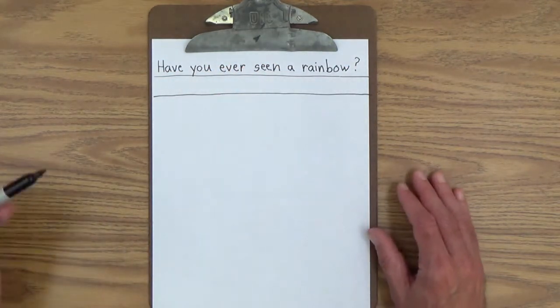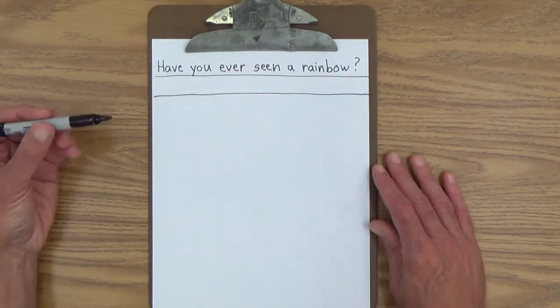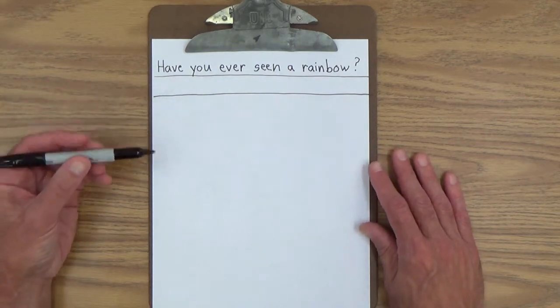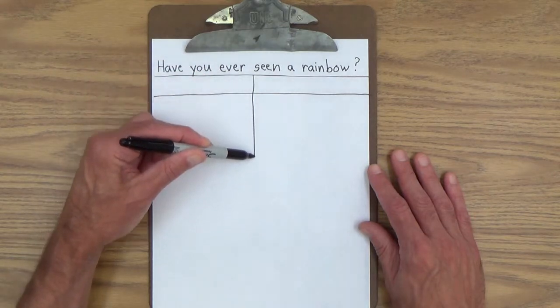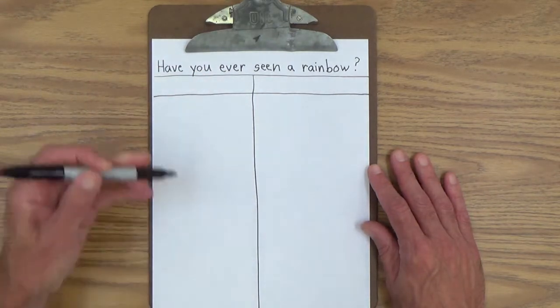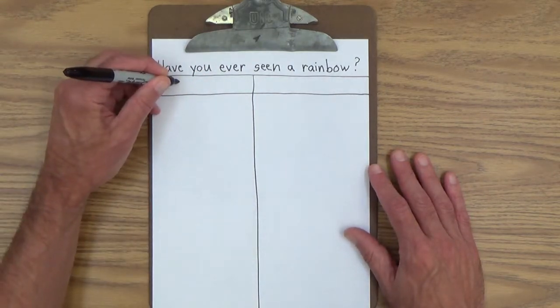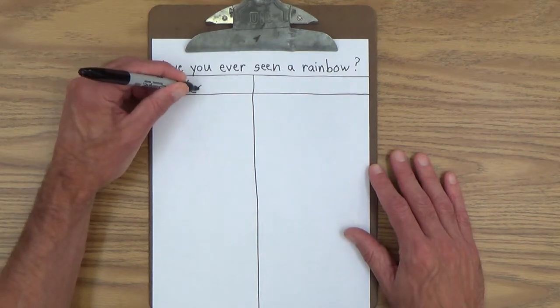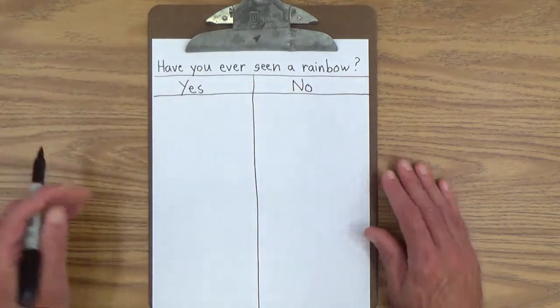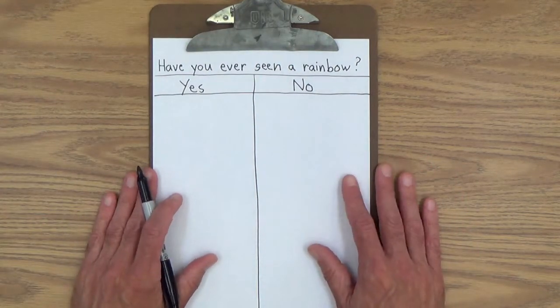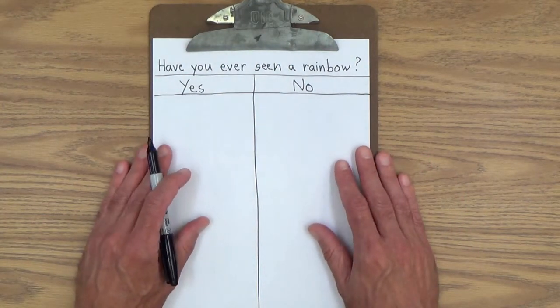And now I've already mentioned it's a 2-column survey. This is going to be a yes or no answer. So right down the middle, I'm going to put a line. And over here is yes. Over here is no. And there it is.